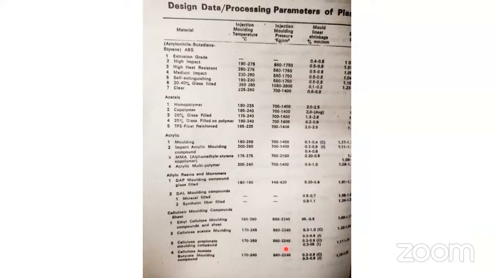Nitrocellulose is a very hazardous material, not self-extinguishing. It will burn very fast. If you do the experiment, do it outside the house. Nitrocellulose catches fire very violently.